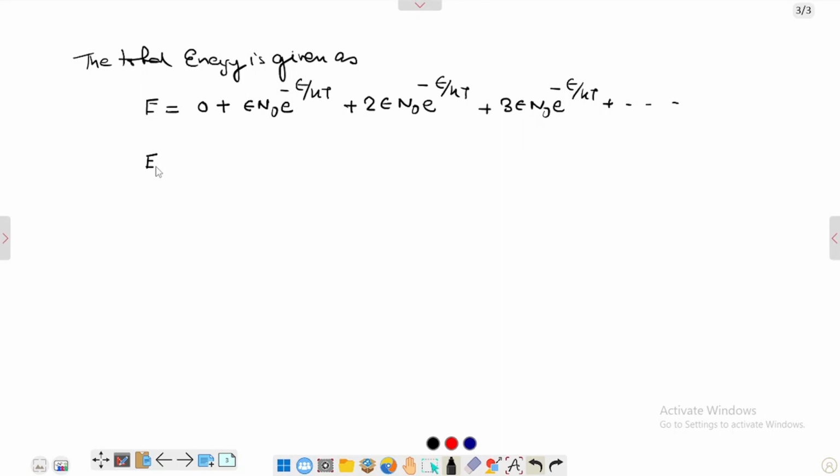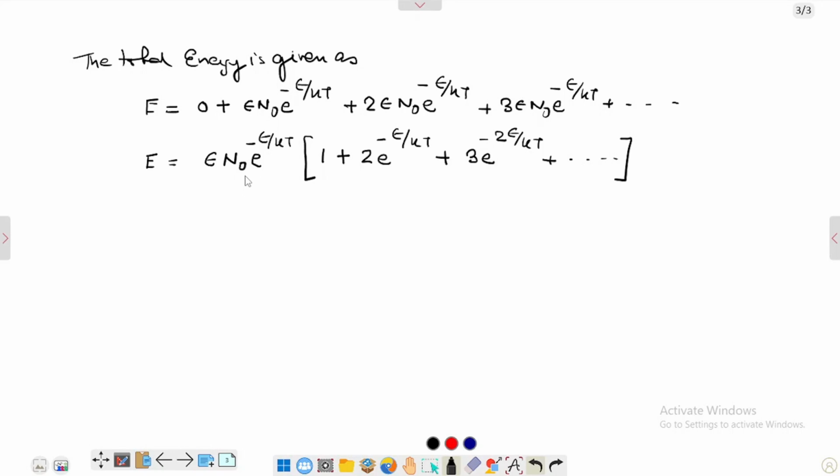Similarly, what I will do here is take a common factor. What common factor will I take? Epsilon is common in all the cases, N0 is common in all the cases, and e to the power minus epsilon by kT. If I take that, I get 1 plus 2 e to the power minus epsilon by kT plus 3 e to the power minus 2 epsilon by kT, and the series will go on.